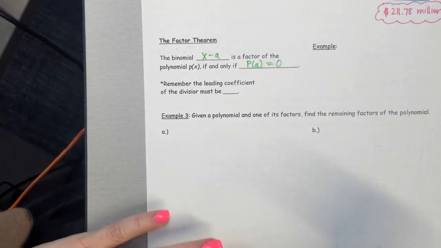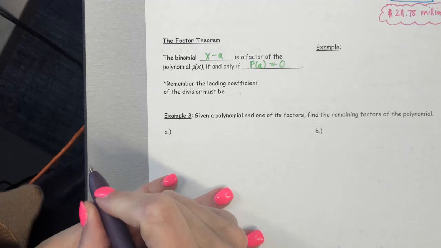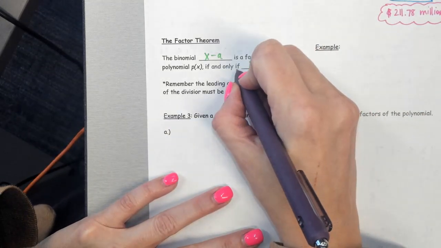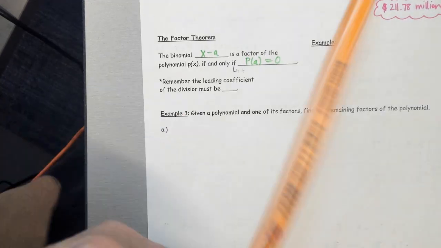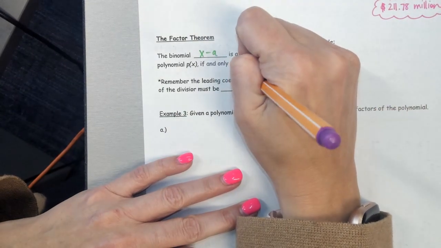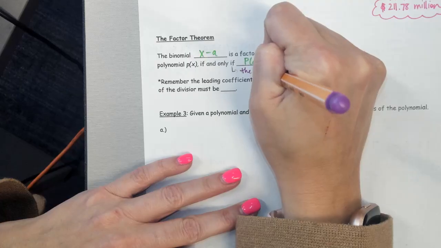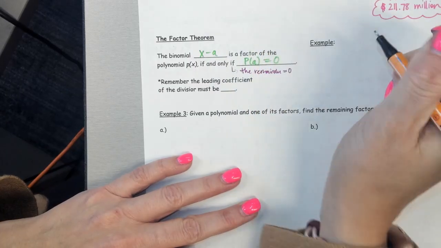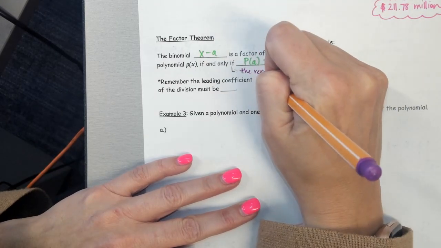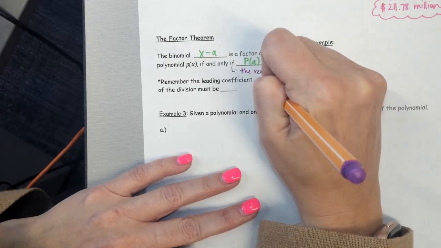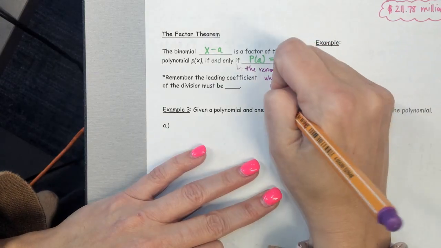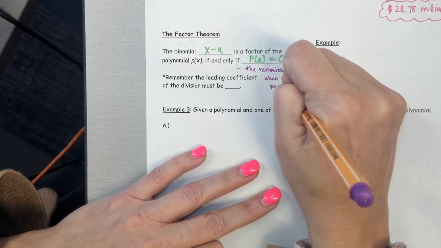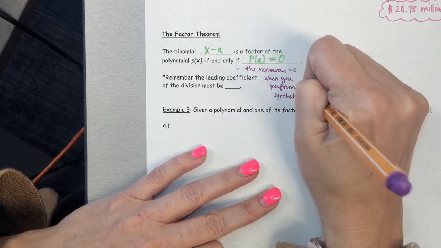Okay, so we know that that means the remainder equals 0 when you perform synthetic division.